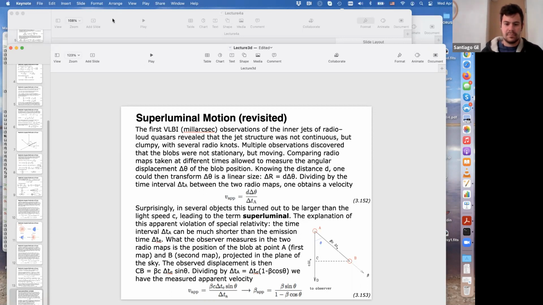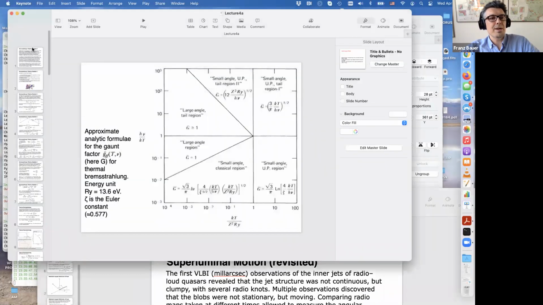Okay, so in the next 15 minutes or so, I want to start talking about Bremsstrahlung, or free-free radiation. So let's put that away. Let's come back here.